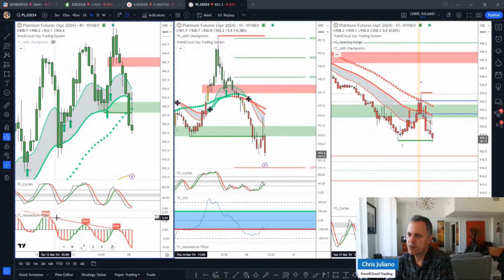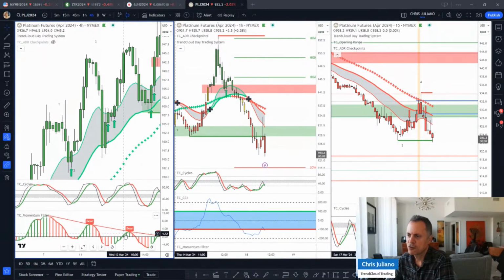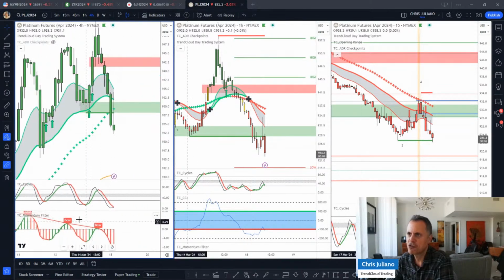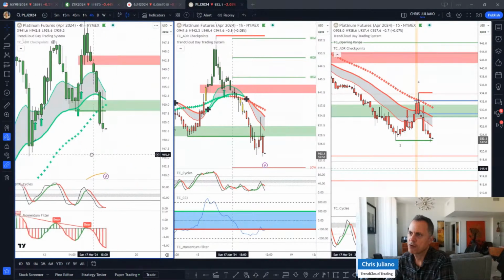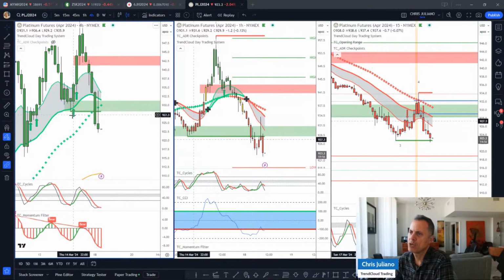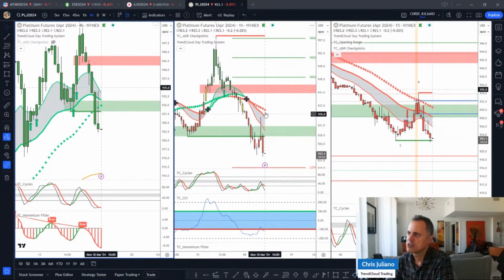Look at how trend cloud on that momentum filter just gave you all this bearish divergence. As price was going up, divergence, divergence, divergence, right? Starts to break through that demand zone. And why did it break through? Well, we had cycling down.